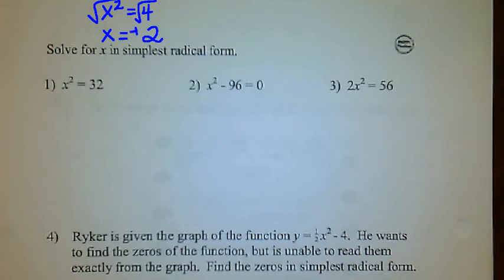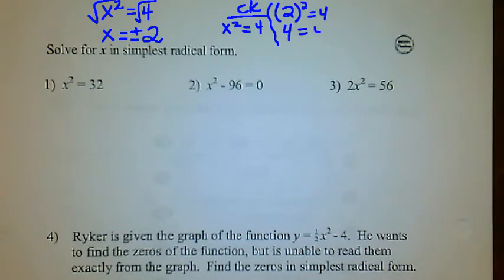But it actually could be positive or negative. Let's check: x squared is equal to 4. That means that if it's 2, it equals 4. But also, if it's negative 2, it will also satisfy that equation. So your answers are always going to have a plus or minus in front of them. You'll see that as we go.